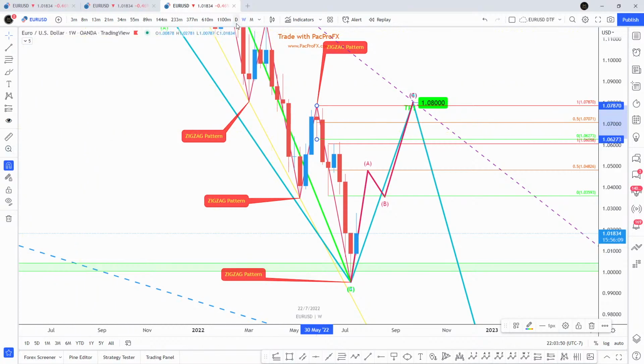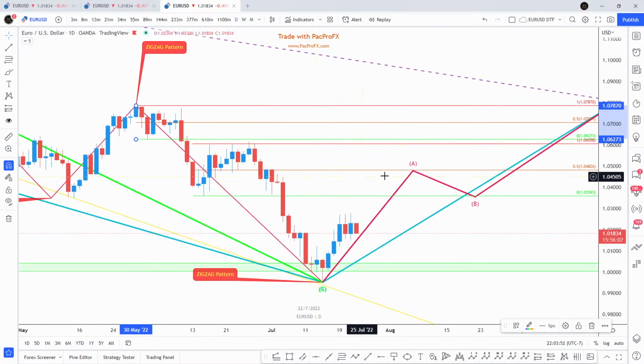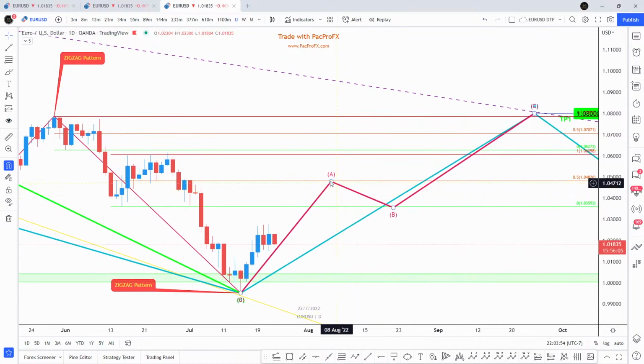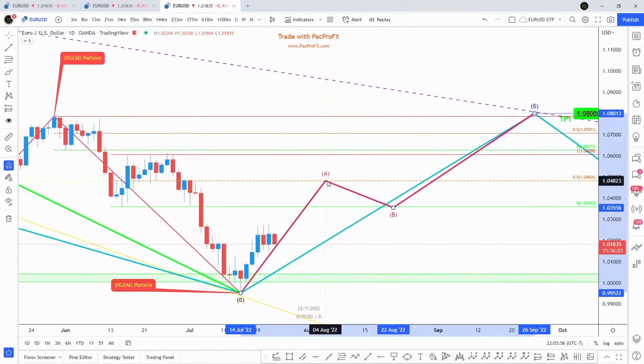Alright, let's go back to daily. Alright, so looks like we're gonna hit here. Probably this looks pretty good, see? It goes up, down, and then up again. So it'll be a little zigzag to get up here. This is pretty good.